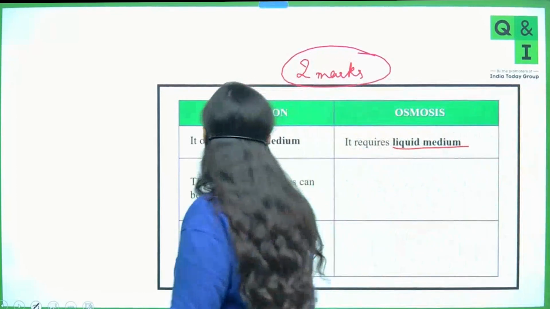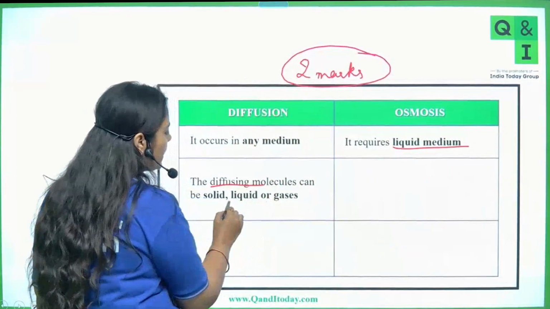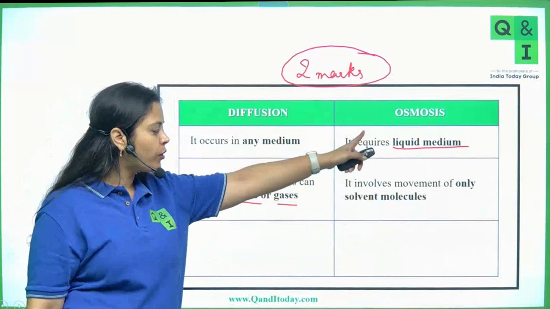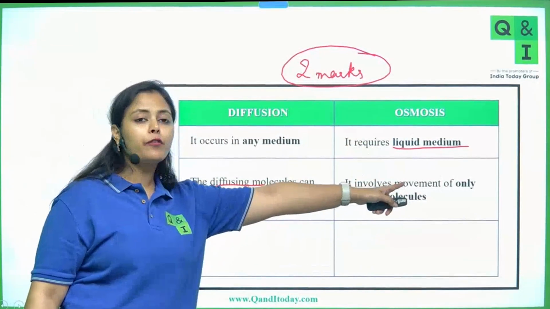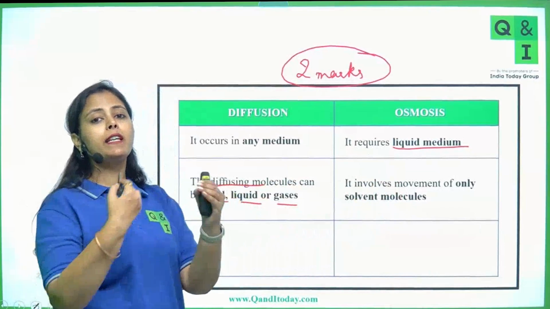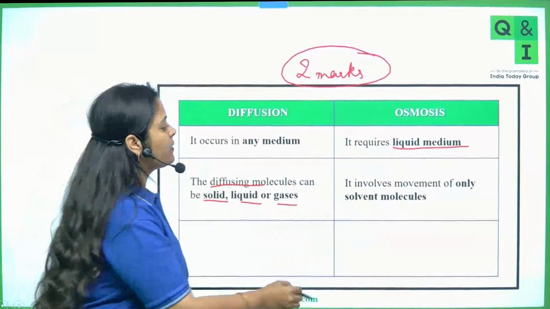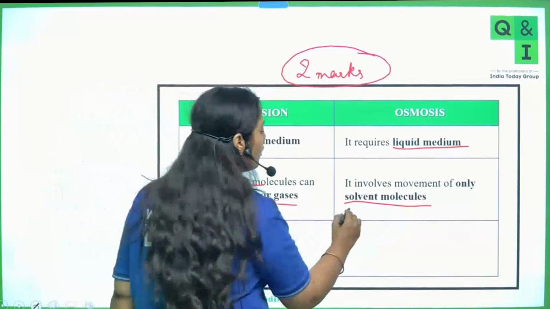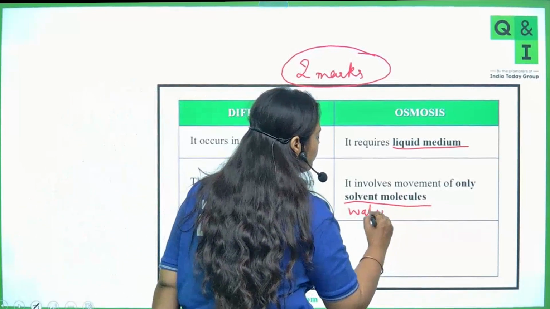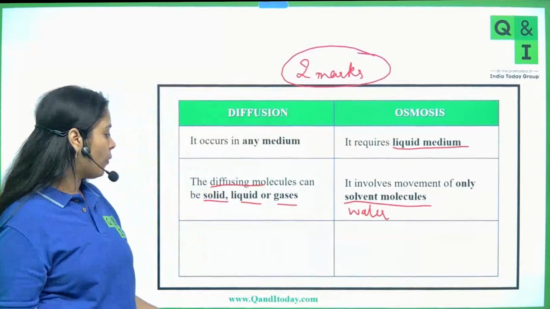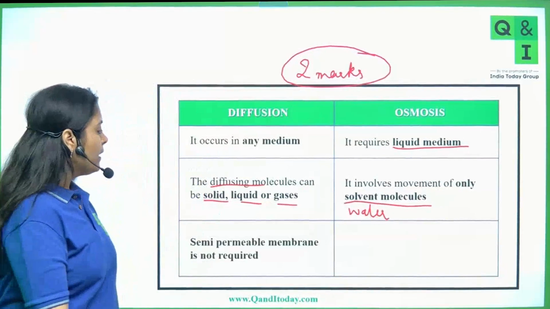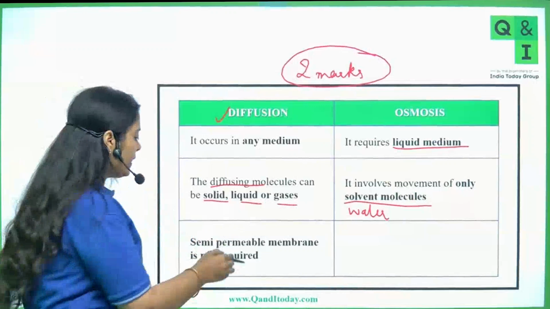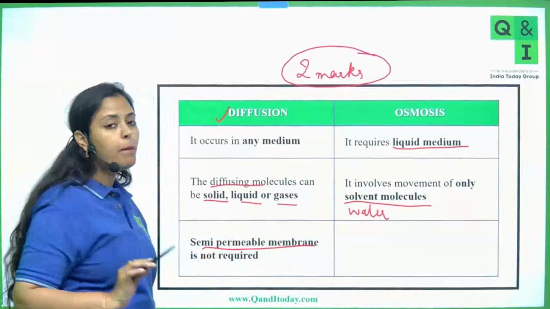Next, the diffusing molecules can be solid, liquid, or gases, whereas in osmosis, the molecules which are getting diffused are only the solvent molecules. That means it is only the water molecules. The third point is that for diffusion, you do not require a semi-permeable membrane.